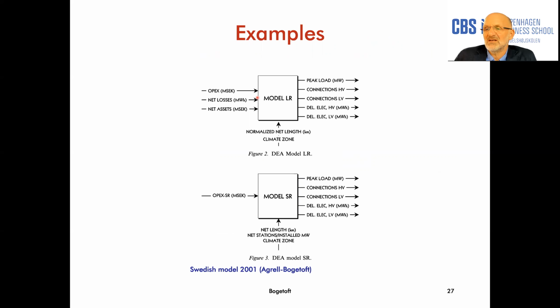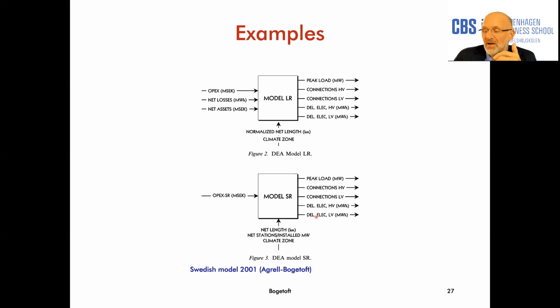So you see here that you have a short run model where you just have operating expenses, and then you had 5 different outputs, one being peak load, which is a measure of the capacity of the network. You need to pay for that, of course, and then the number of connections at the high voltage and low voltage level, and then the amount of delivered electricity at high voltage and at low voltage.